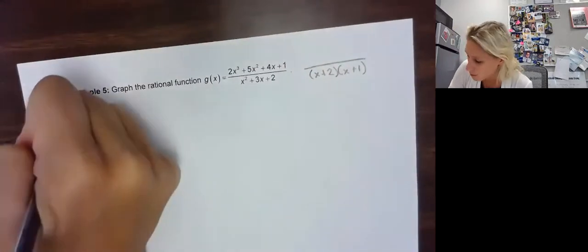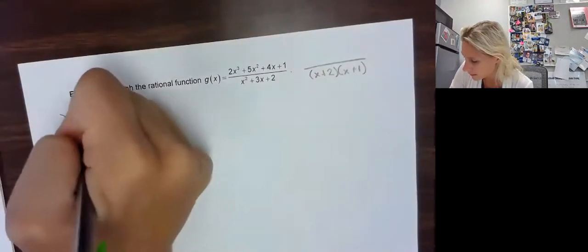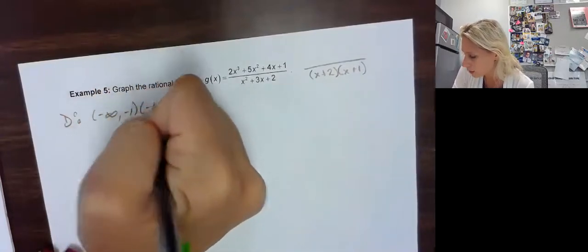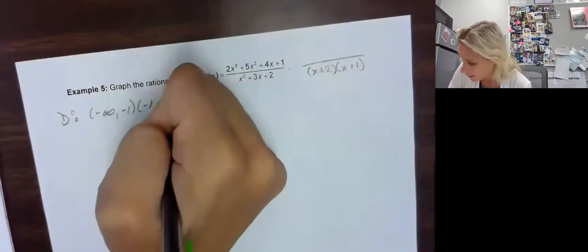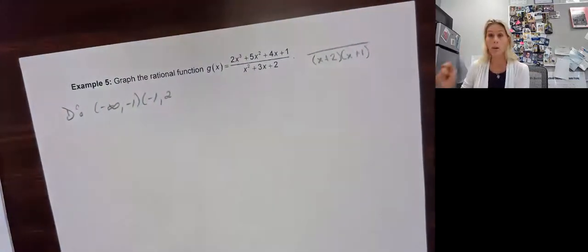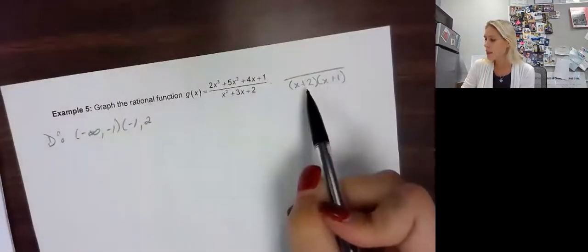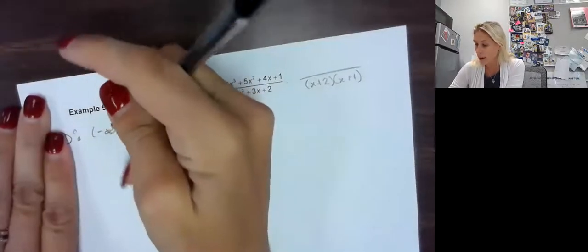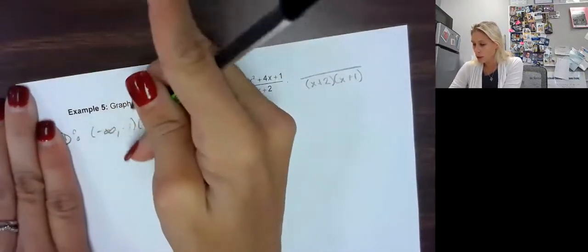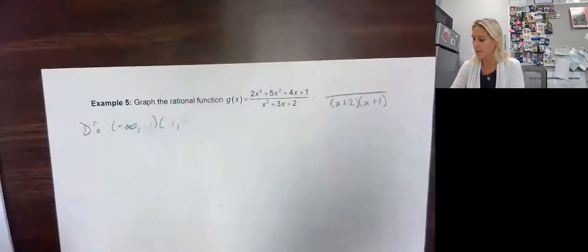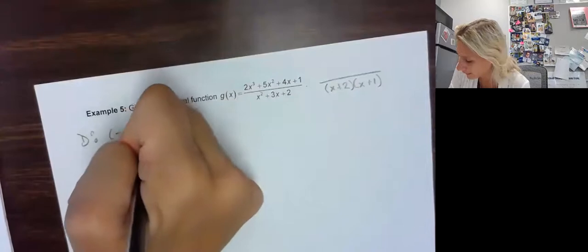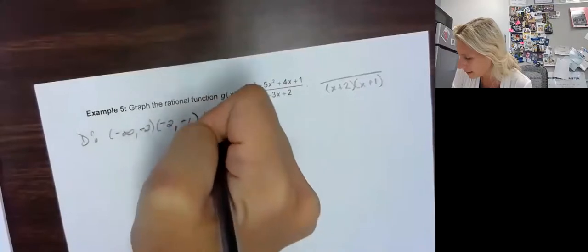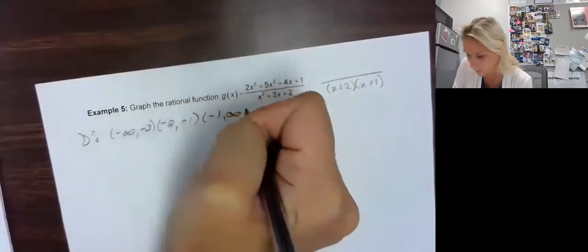Okay, so I know my domain is negative infinity to -1, -1 to 2, and oh, wrong order. By the way, people make this mistake all the time. This is -2 and this is -1. Make sure you're in order. Okay, so this should be negative infinity to -2, -2 to -1, and -1 to infinity.